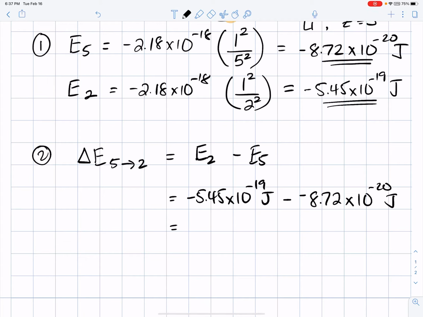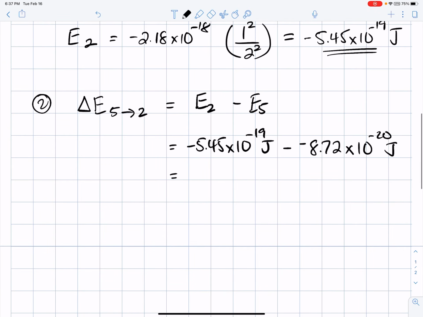Pause and grab your calculator. Make sure you can get this answer. Be careful because you're going to subtract a negative number, so don't forget to subtract and then a negative symbol. So negative 5.45 times 10 to the negative 19. I'm using that scientific notation button. Subtract negative 8.72, scientific notation button, and then negative 20.